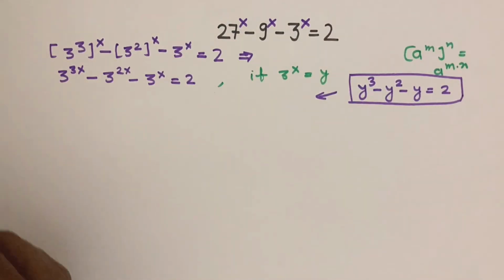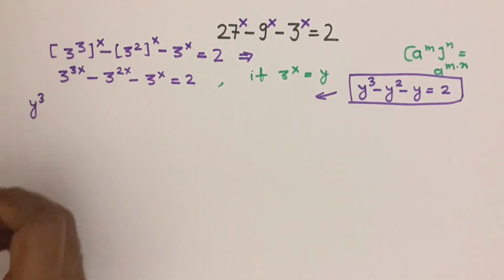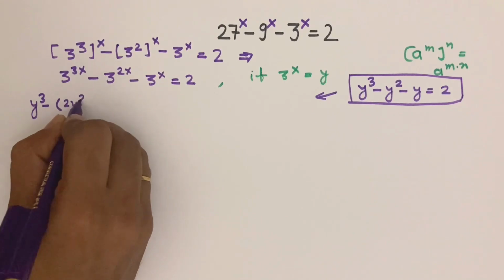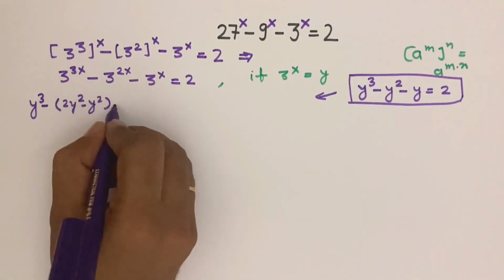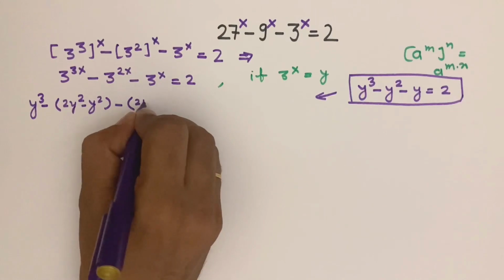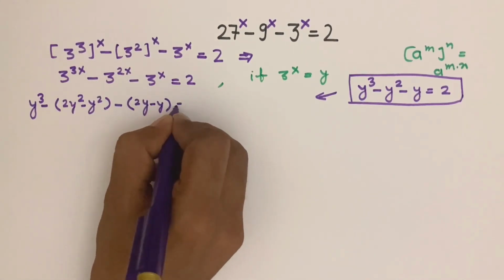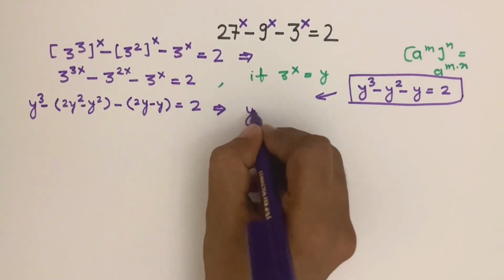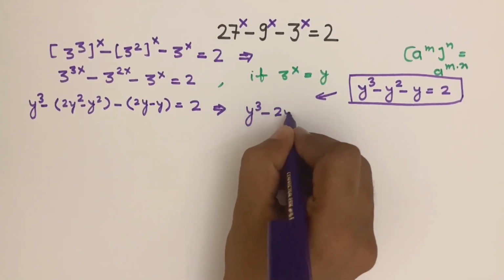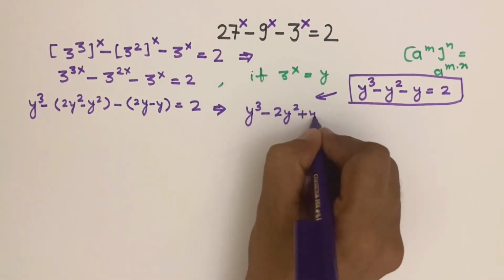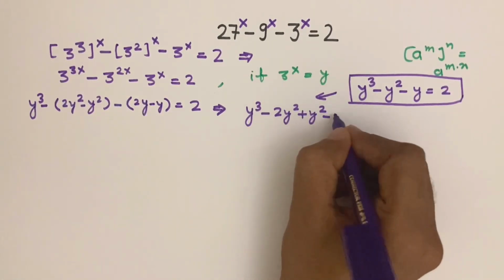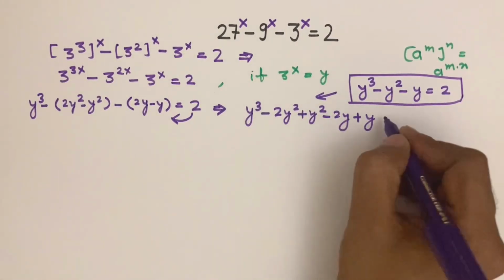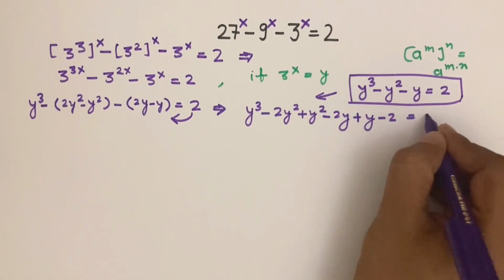Further simplifying it, y cube minus y square minus y equals 2, which is further equal to y cube minus 2y square plus y square minus 2y plus y, transfer this here, minus 2 equals 0.